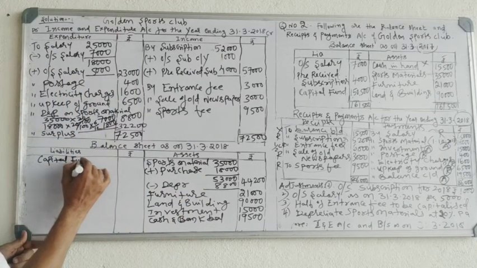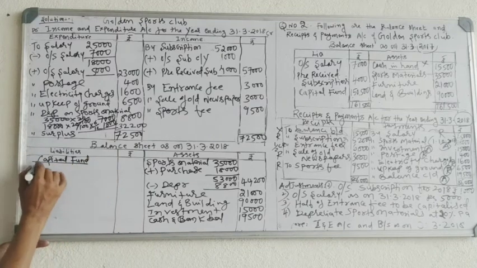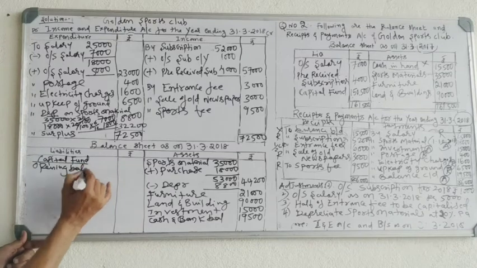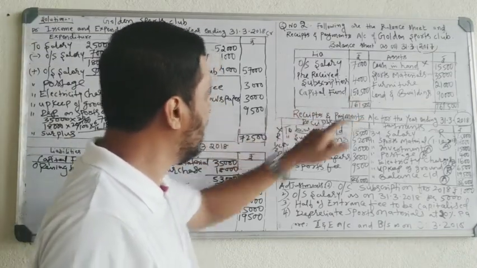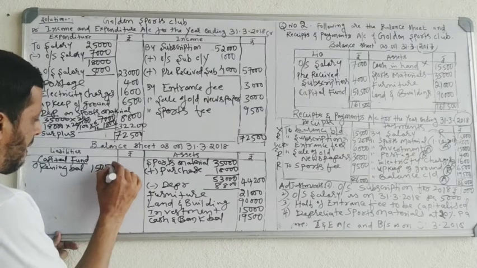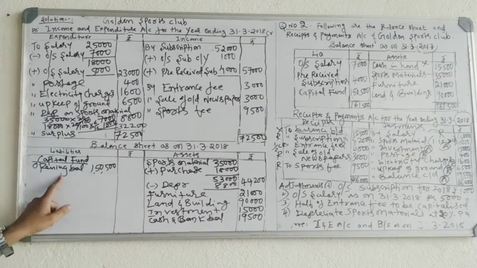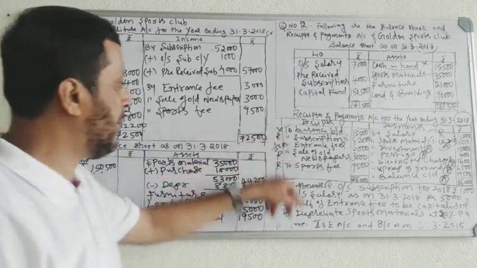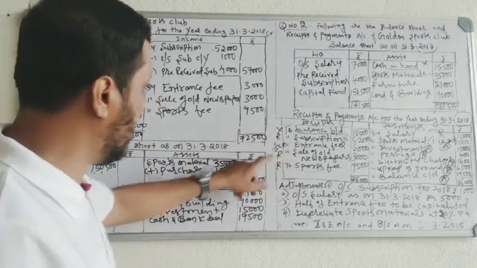Capital fund, liability side. Capital fund, opening balance. You have to write the opening balance. What is the capital fund? 1,50,500. To this capital fund, you have to add all capital items. How many capital receipts were there?